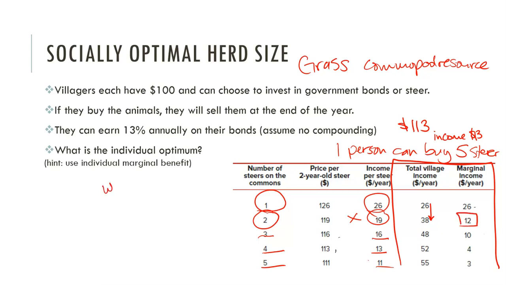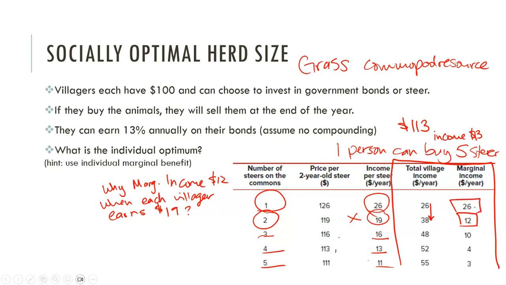So why is marginal income 12 when each villager will earn 19? Well, yes, each villager will still earn 19. However, we're comparing it to the 26 that the original villager would have earned.